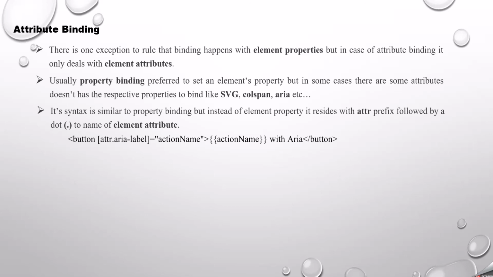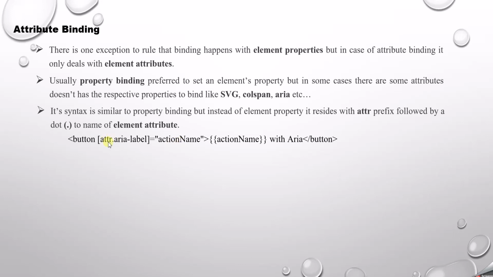Now the main point is the syntax of how we implement attribute binding. If you can see here, this seems like attribute binding because it is enclosed with a pair of square brackets. But see how we access the element attribute with the binding data, which is coming from the backend.